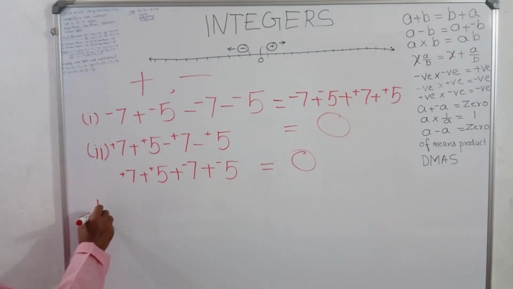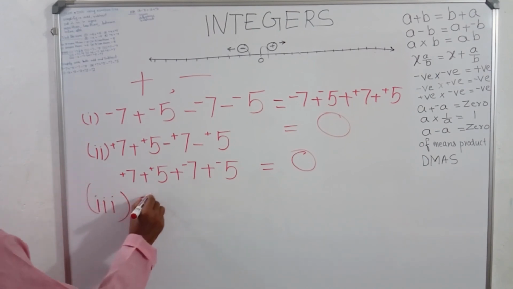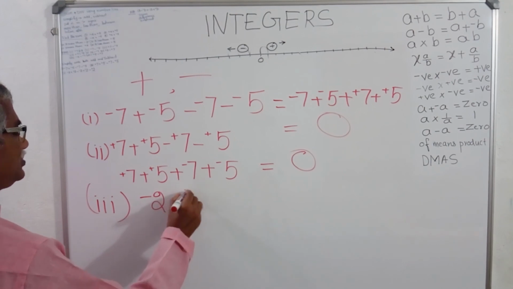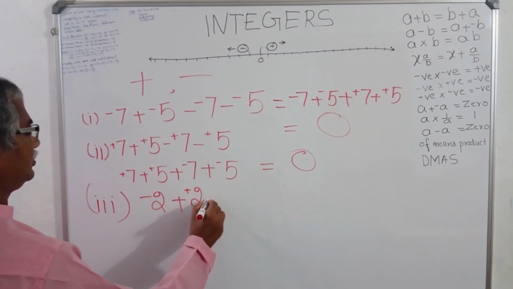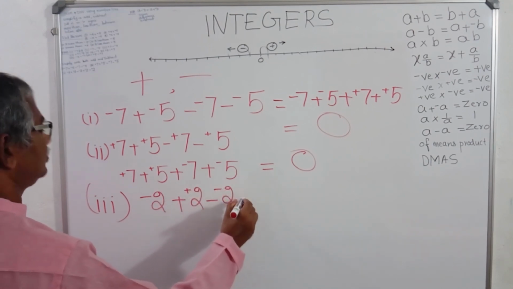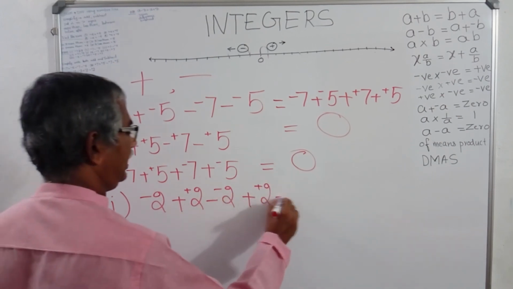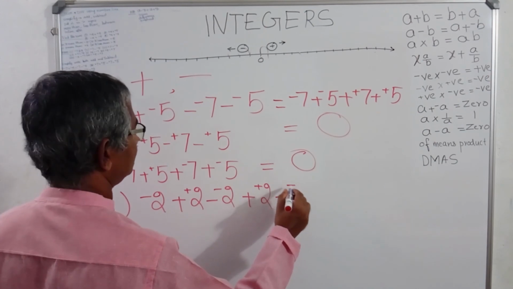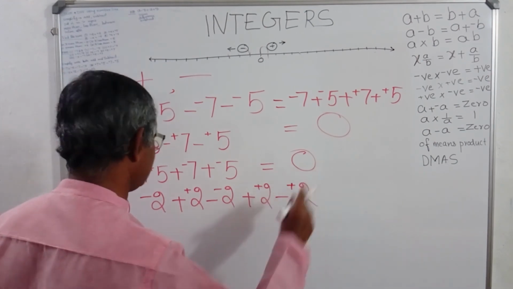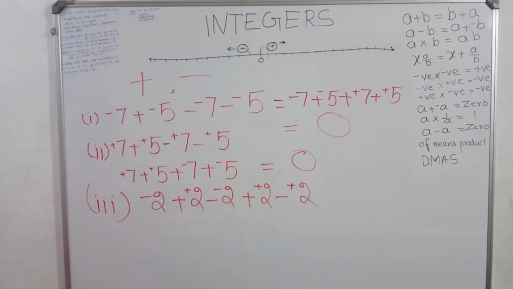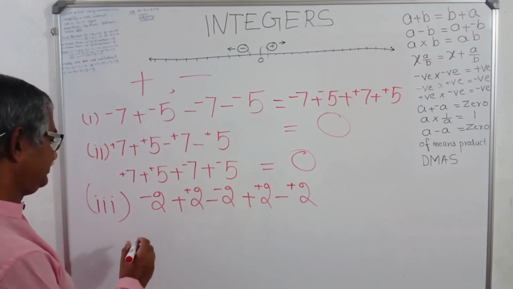We can try another one. Negative 2 plus positive 2 minus negative 2 plus positive 2 minus positive 2. Let it be so. Negative, positive, negative, addition, subtraction all together. Don't worry, we can simplify it very easily.